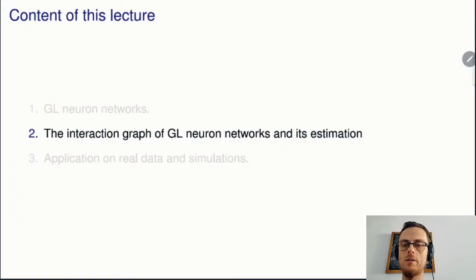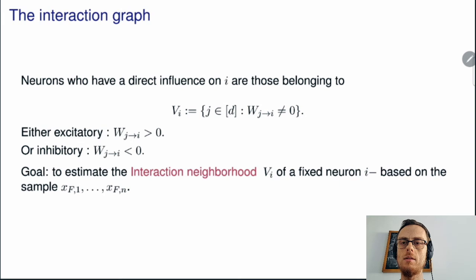So let us now discuss the interaction graph of the GL neural networks and its estimation. So let us first define what we mean by the interaction graph. Okay? Neurons who have a direct influence on i are those belonging to the set V_i, which is the set of all neurons j such that the weight W_{j→i} is different from 0.